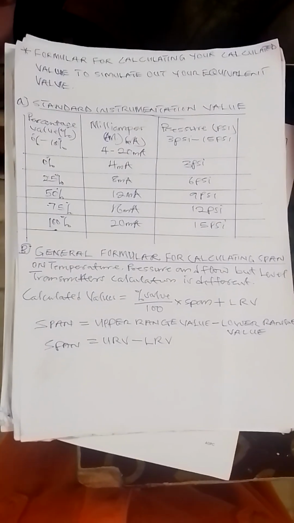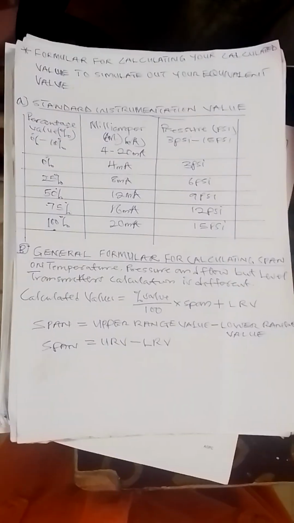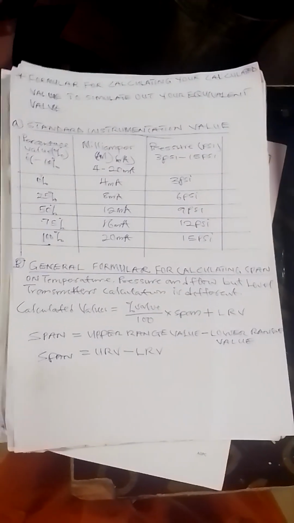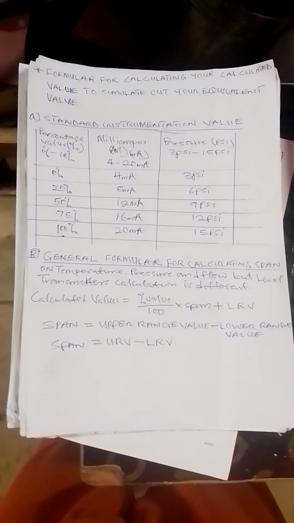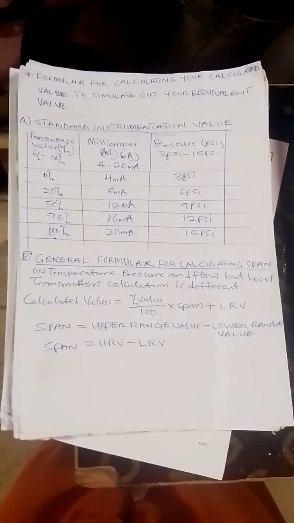This evening I want to teach you how to do some calculation in instrumentation, and there are some formulas I want you, my followers, to know. These are the major formulas we use in our calculation, because in our instrument we do some rough calculation.